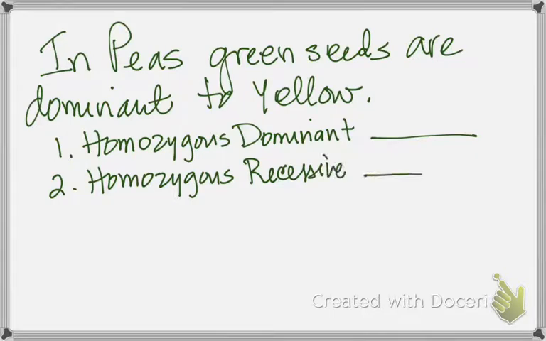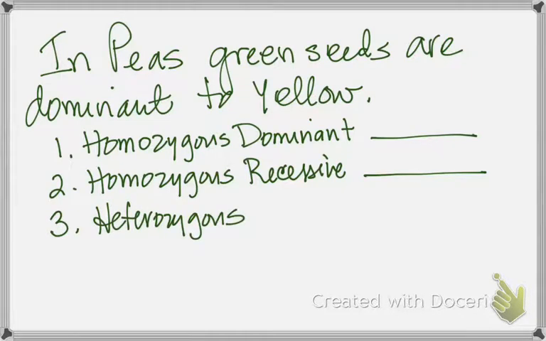Then I'd like you to write down the homozygous recessive genotype and then the heterozygous genotype. Now I'm talking about a green trait. So I'll give you one hint. Use G.